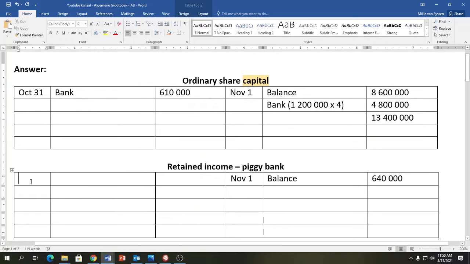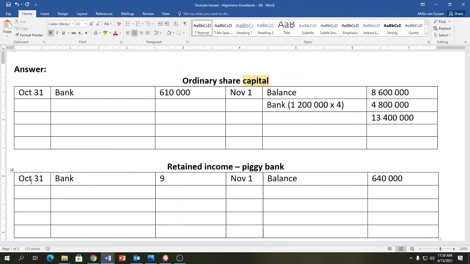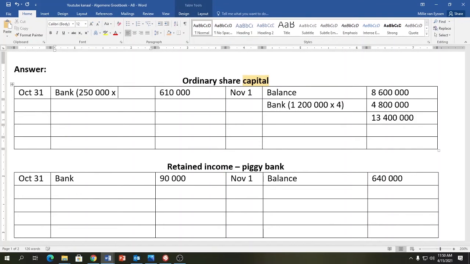That will go to retained income, R90,000. And I'm also going to write here how I got to the answer. That was R2.44, and this one was 250,000 times the loss amount of 36 cents.